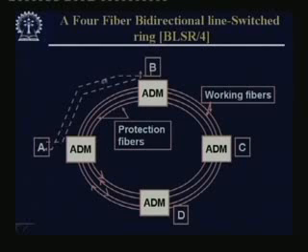So, A to B and B to A both can communicate on the working fiber in this part only. So, the rest of the space can be used for other communication. So, spatial reuse is much better for bidirectional line switch rings. And the protection fibers are there, because if one of them fails, then the protection fiber may take up.